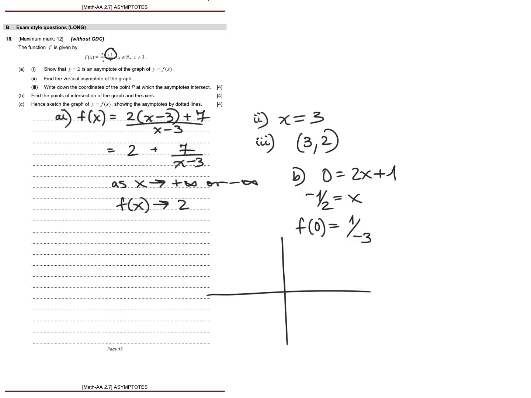Okay, so here's that. Asymptotes are 2 and 3. Oh no, that's wrong. Sorry. 3 is the vertical. 2 is the horizontal. And we have 0, -1/3. So like there.